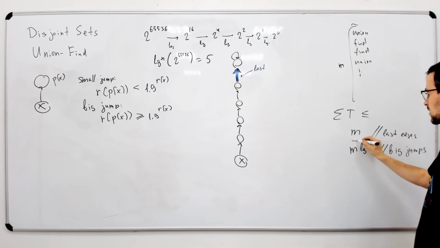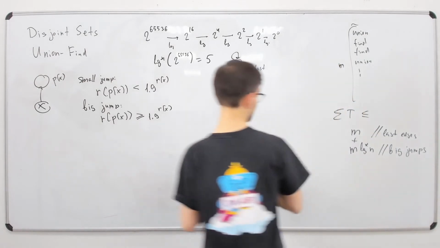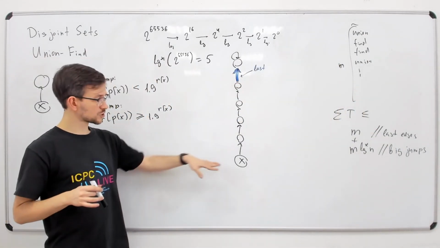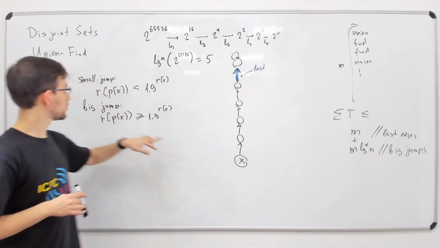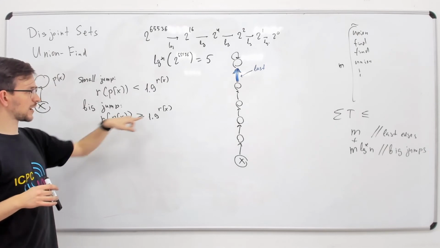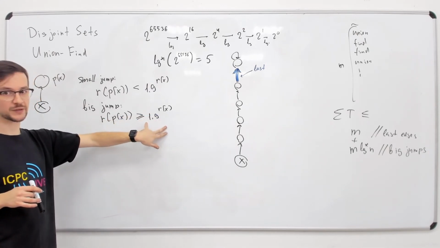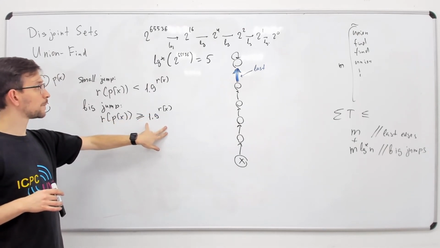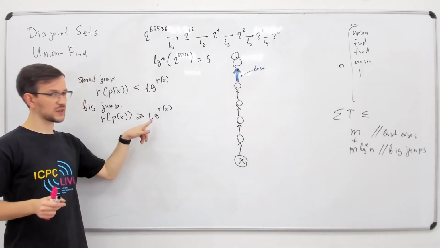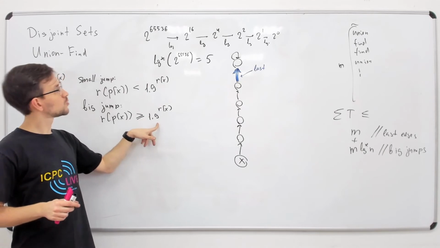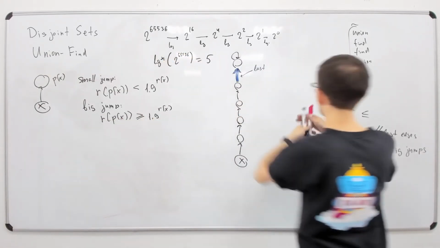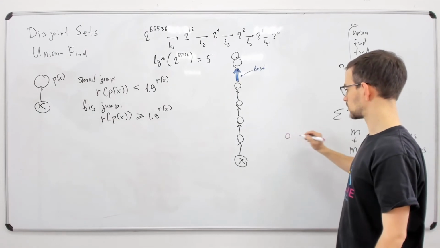Now, like this plus this. Why is it true? Because you start from element x, and each time you have a big jump, you move to an element of greater rank. If you have 2 here, you start from an element of rank 0.